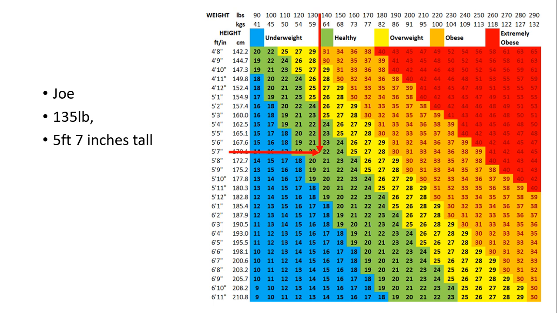If you look where the two arrows meet for weight and height, it's right in the healthy range, which is the green area according to the key at the top. So his BMI will have a value of 20 to 22, which is in the healthy weight range. He falls in the healthy category.